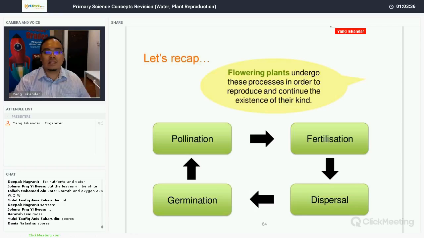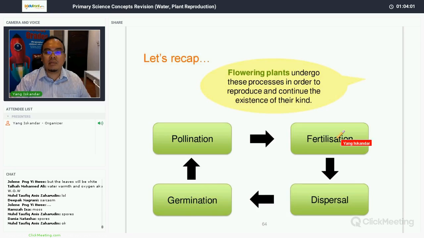Okay, let's summarize. We have discussed quite in detail the key processes or concepts under the topic of plant reproduction. Firstly, we talked about the parts of the flower, and then the first process, pollination. Pollination is where the pollen grains are transferred from the anther to the stigma.